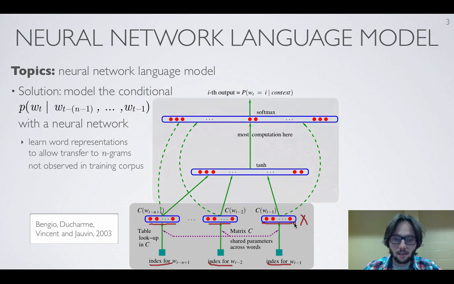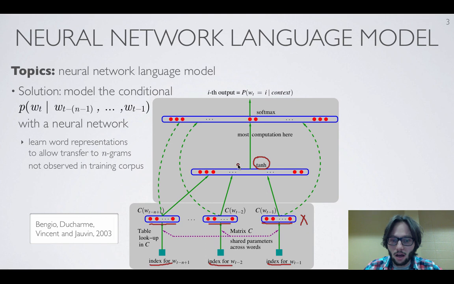And then the rest of the computations are the regular computations we do in a feed-forward neural network. So we take the vector X, consisting of all the concatenated word representations, multiply by the matrix, say W here, plus the bias, then some nonlinearity. So in this work, tanh was used.